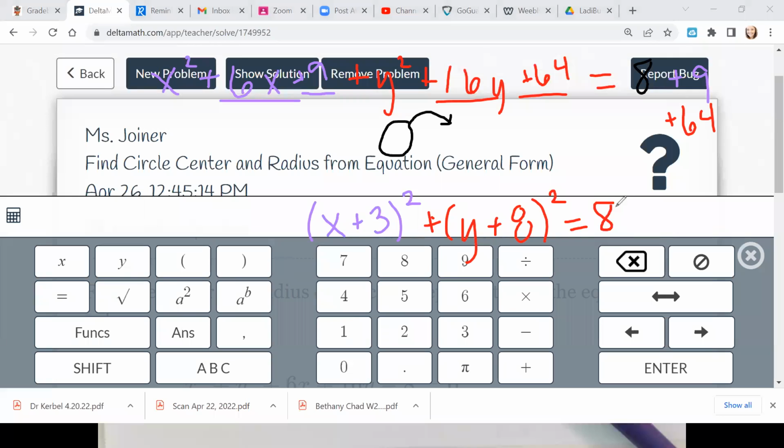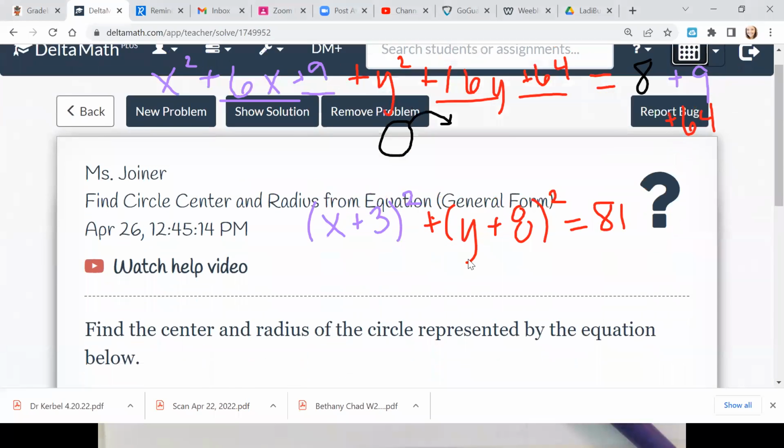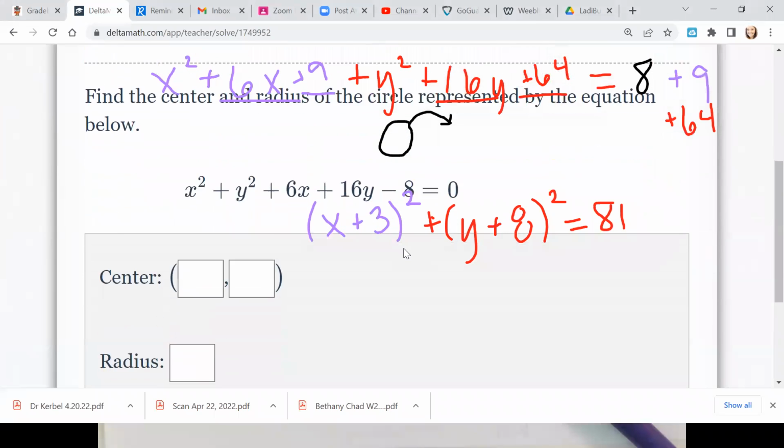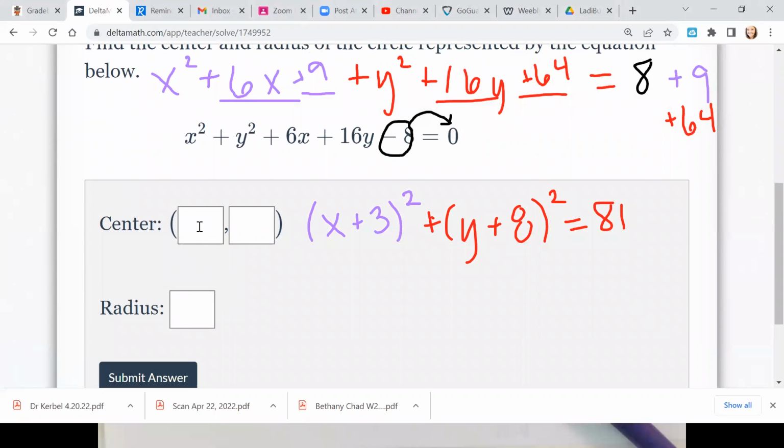I'm gonna put in 81 here. Okay, and then now I'm ready to answer these questions here. What will my center be? -3, 8? -3, -8, good. And then what's my radius? 9, you get it?